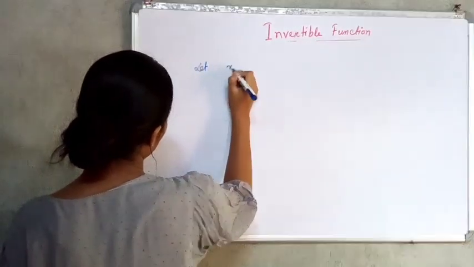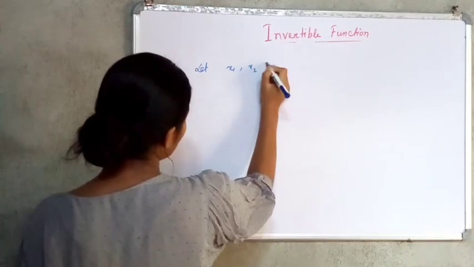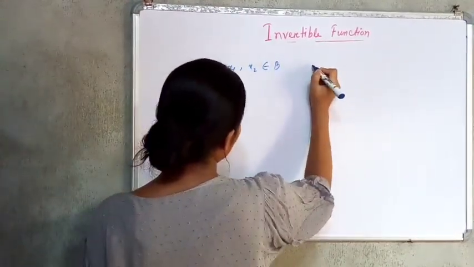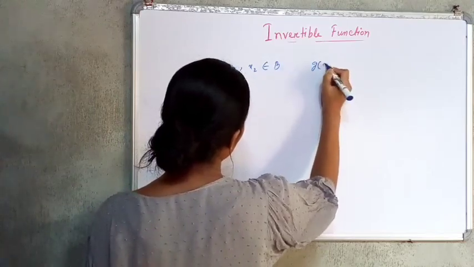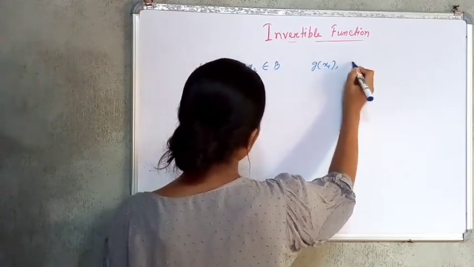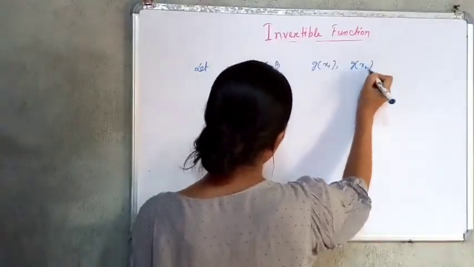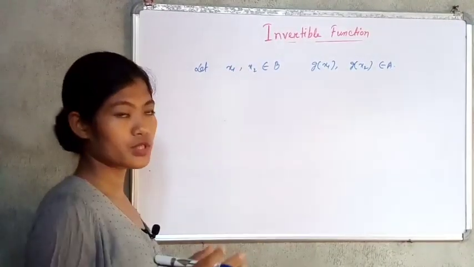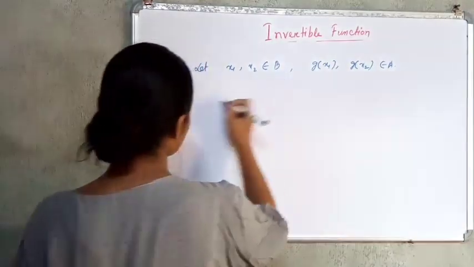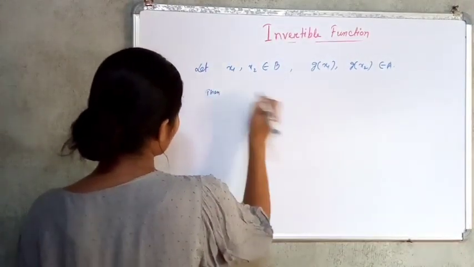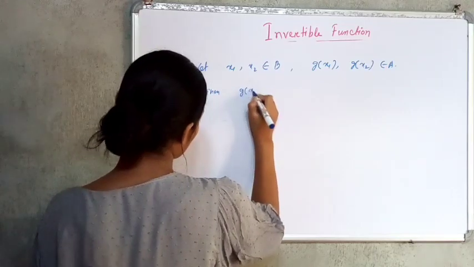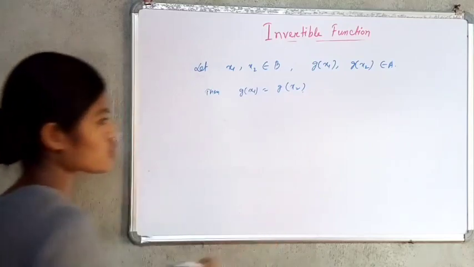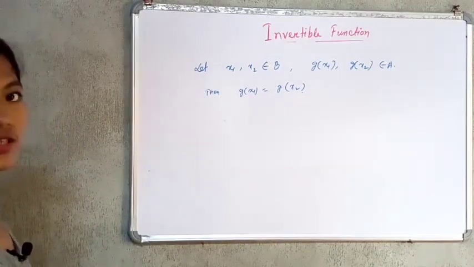Let x1 and x2 be two elements in B, then there exist g of x1 and g of x2 in A because g is a function from B to A. Let us take g of x1 equal g of x2, because we are going to prove that g is 1-1.